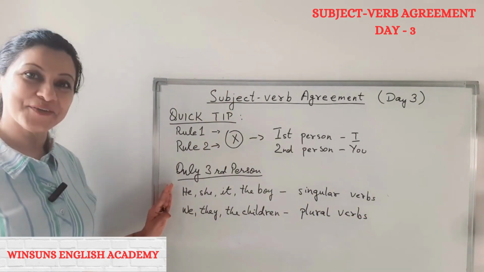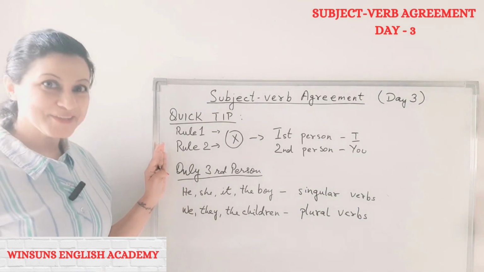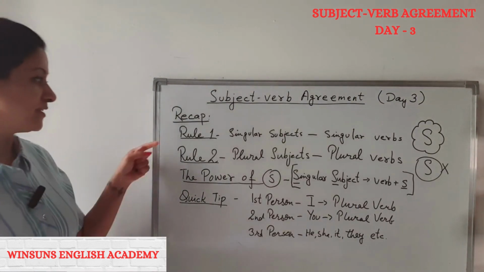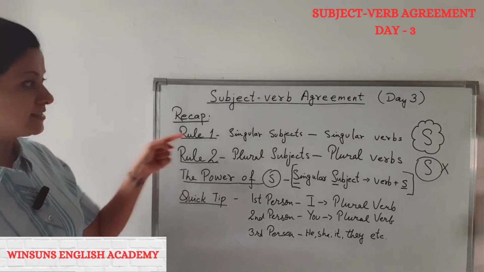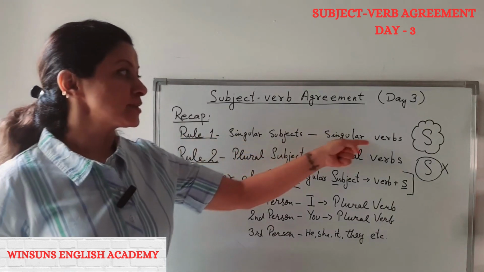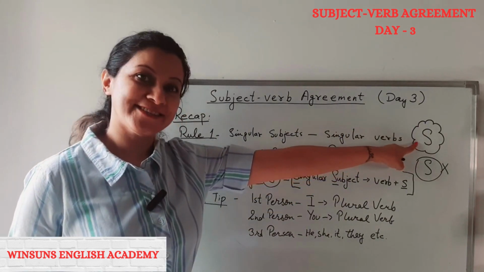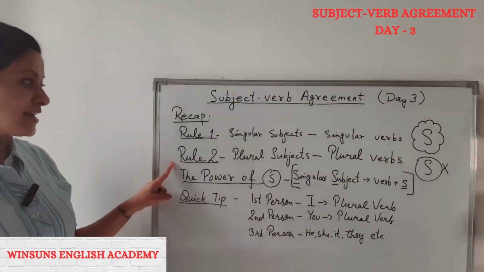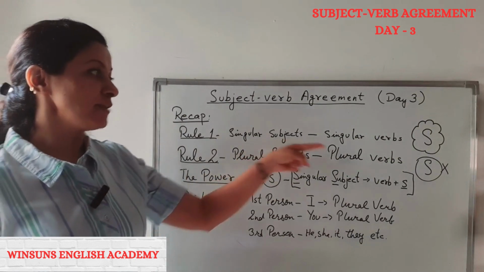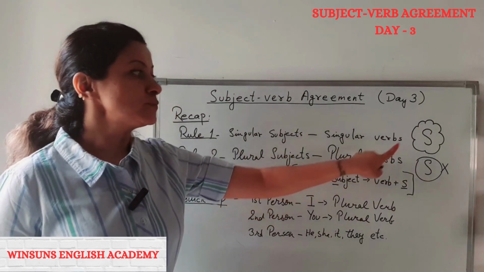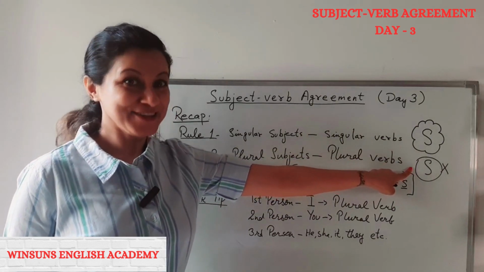Is it clear now? Remember this quick tip. Okay, let us quickly now recapitulate. In today's class, we learnt about rule 1, that is, singular subjects take singular verbs and singular verbs will always have an S. Okay. Rule 2 says plural subjects will have plural verbs without an S. Plural verbs will never have an S. Okay.